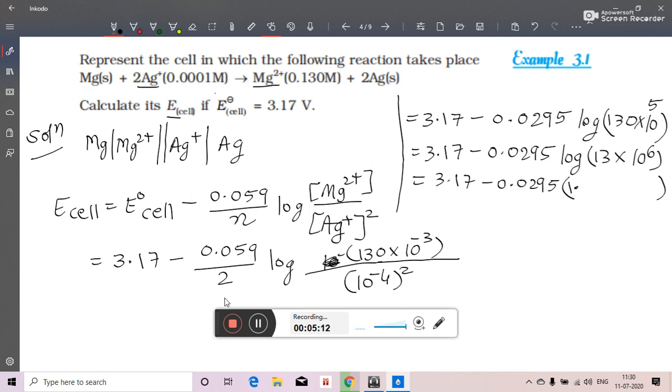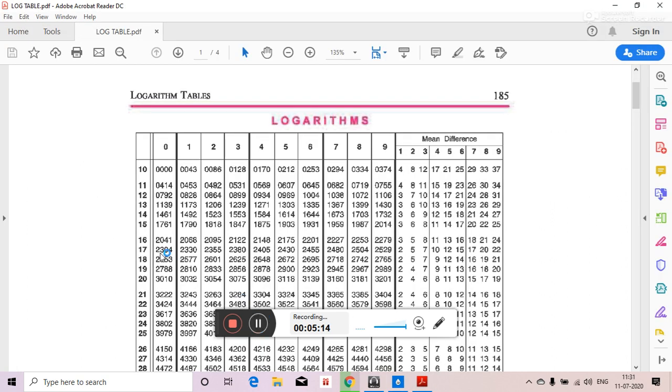So what is log 13? In the logarithm table we have to see log 13.